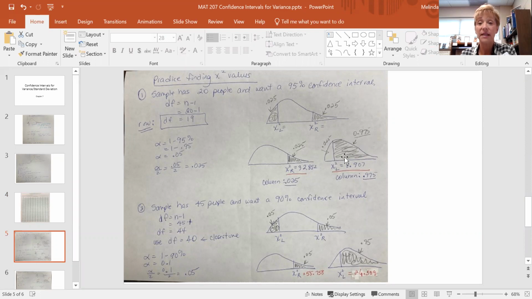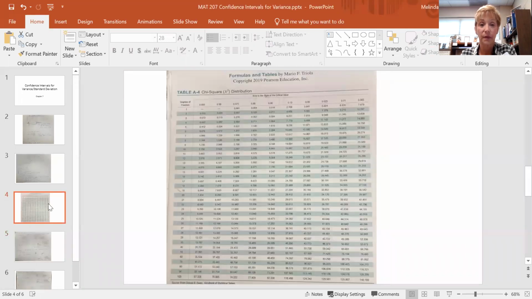So now I'm still on row 19, but this time I'm on column 0.975. I'm still on this row 19, but now I'm in a different column.